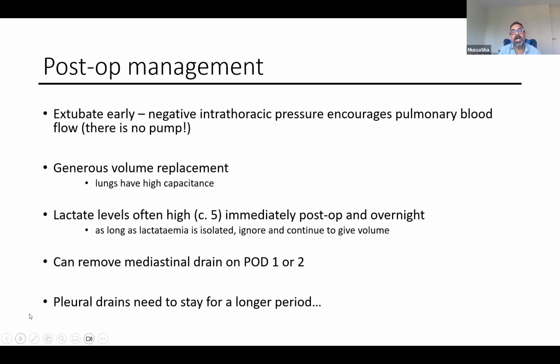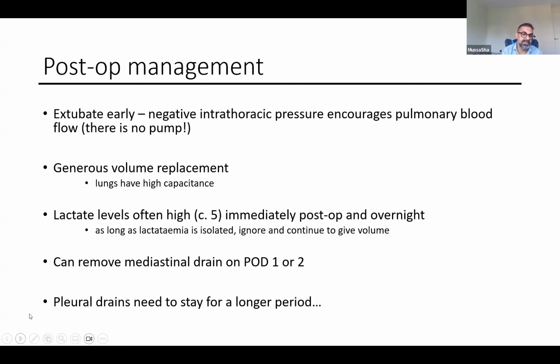It takes some time for the pulmonary vasculature to adapt before those effusions start to settle, and therefore the pleural drains will need to stay in for a longer period. So often drains will be staying in for a week, sometimes even 10 days, sometimes even longer, before the drainage settles and you're able to take them out.